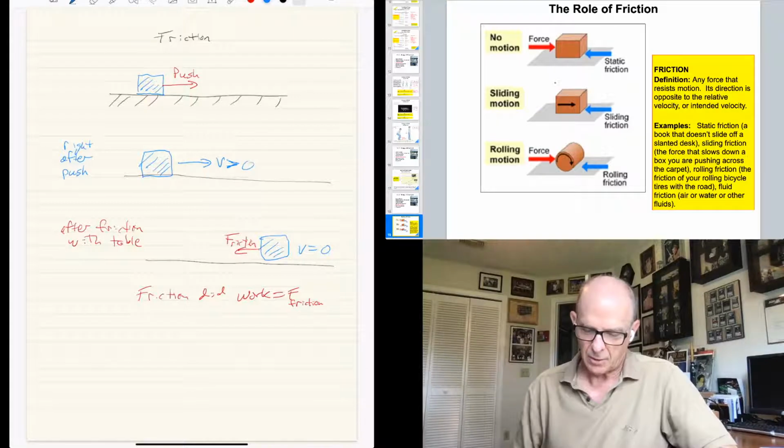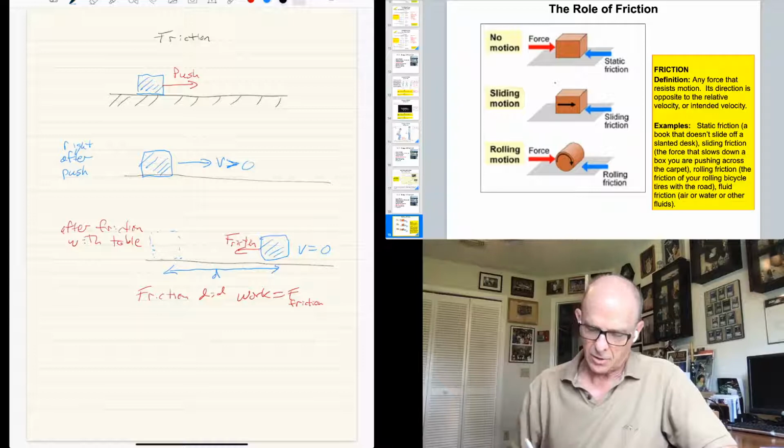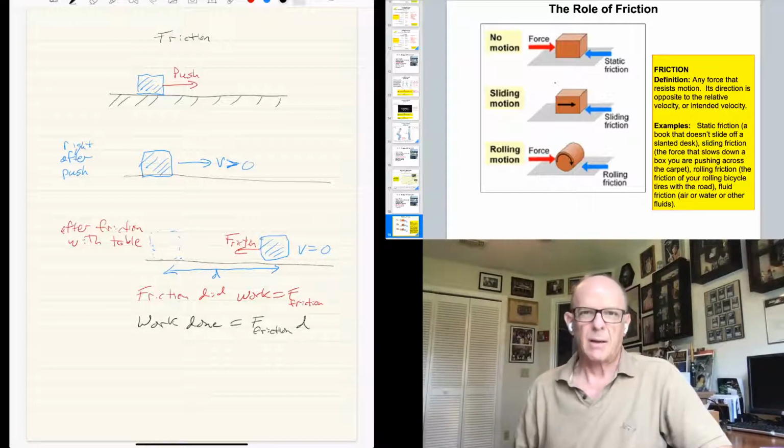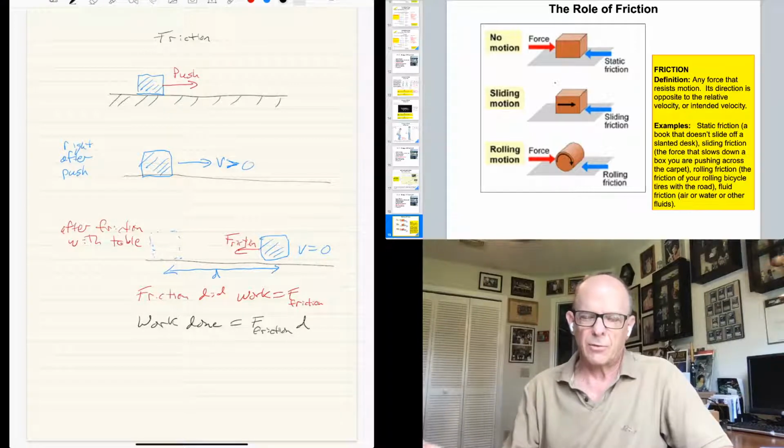So if our block was initially here, it traveled this far, which I'll call d, so that the work done by friction is equal to F friction times d. Well, what's the force of friction?